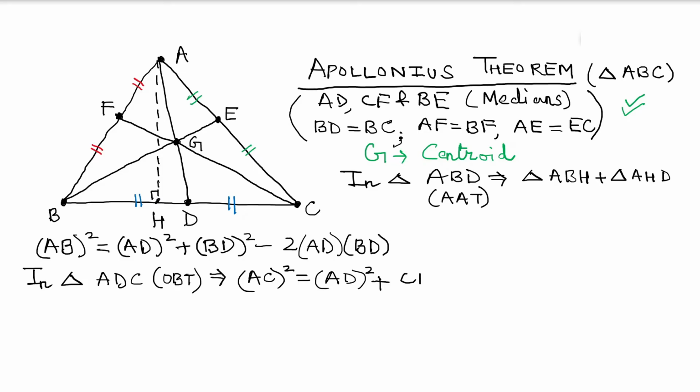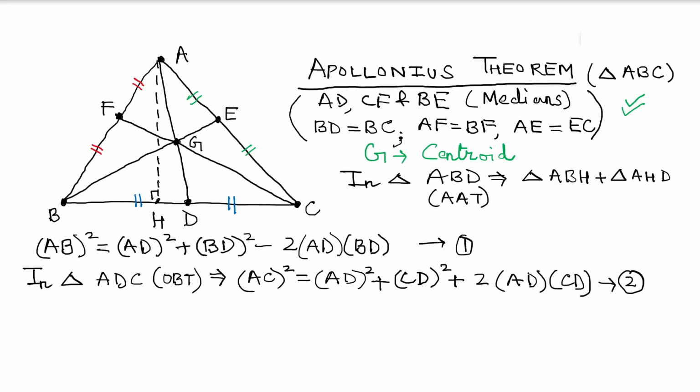CD square plus, why are we writing plus? Because this is an obtuse angle triangle, plus twice of AD into CD. So let us say that this is what we had written as the first equation. This is the second equation.